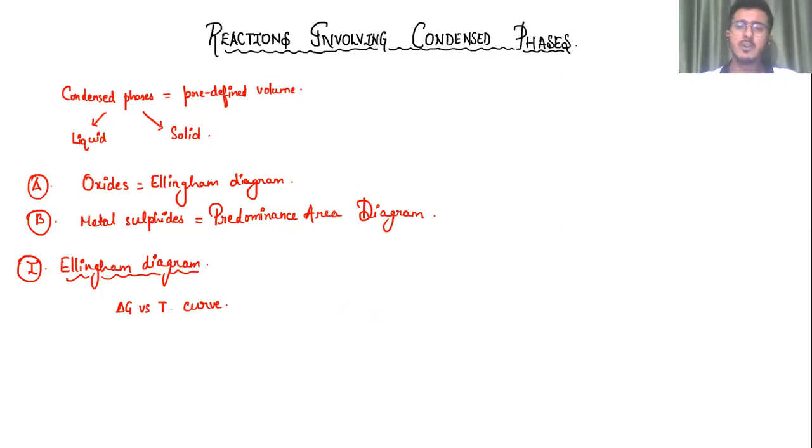Now what you need to understand is that this Ellingham diagram is basically used to determine which oxide is more stable. Mainly, those oxide lines which are present at the bottommost part of your Ellingham diagram are much more stable as compared to the oxides above.